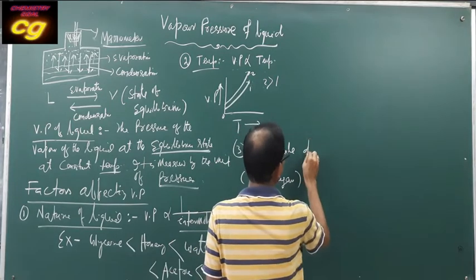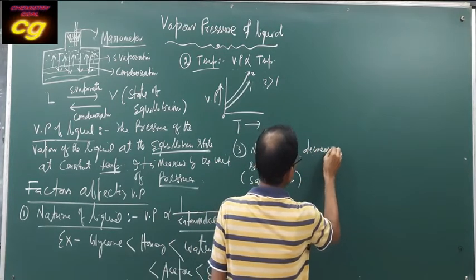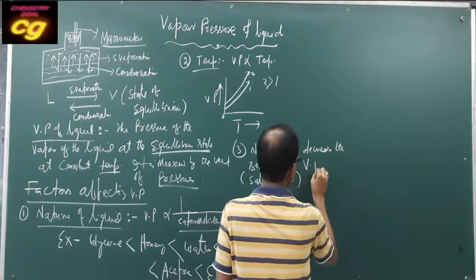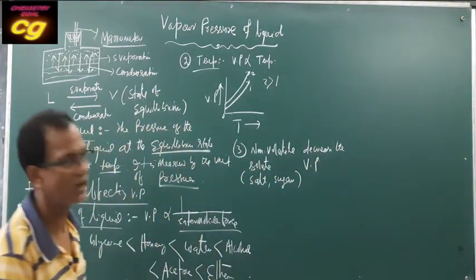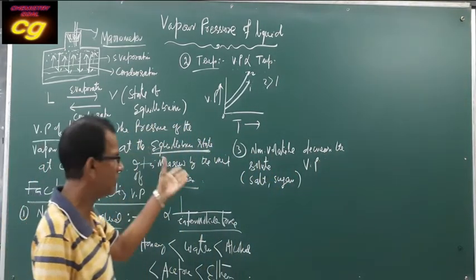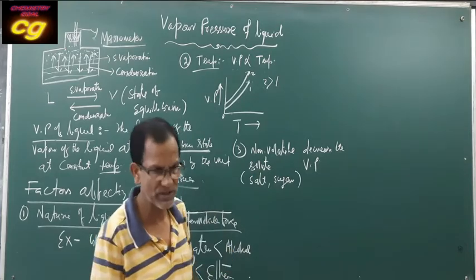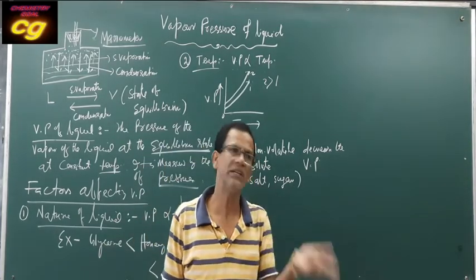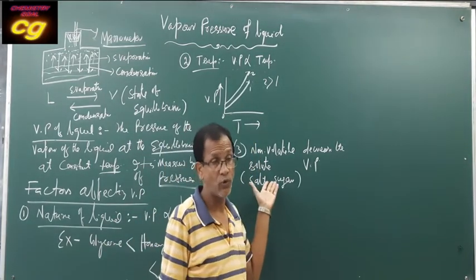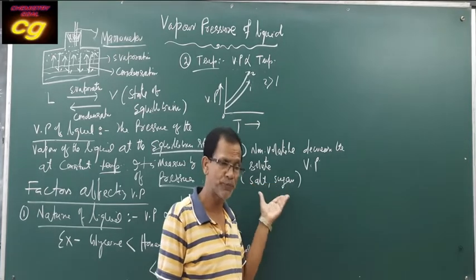A non-volatile solute decreases the vapor pressure. This is very important. If you add salt to water, the vapor pressure of water decreases. Why does a non-volatile solute decrease the vapor pressure?